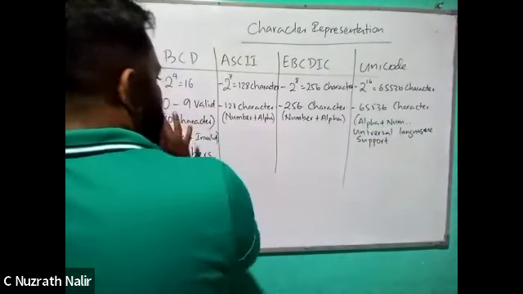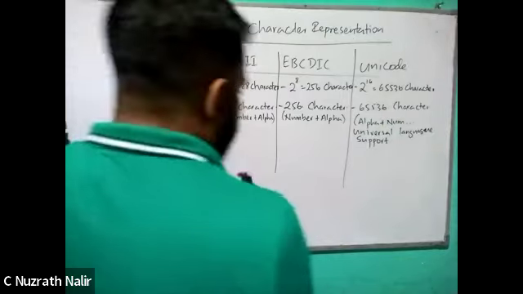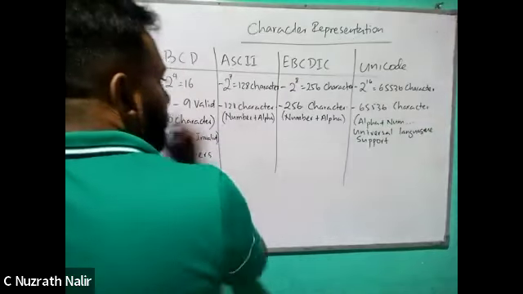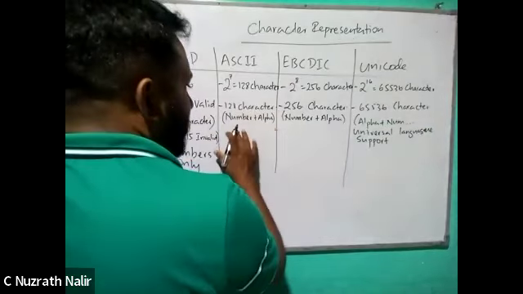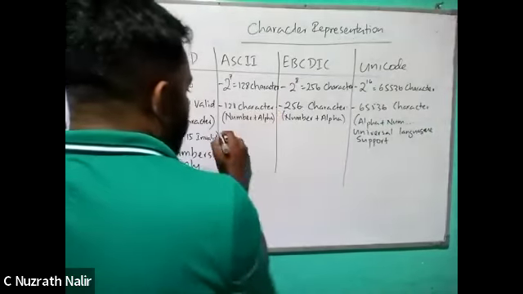So then this is only numbers, 0 to 9. Here 128 characters, numbers plus alphabet, here also number plus alphabet.